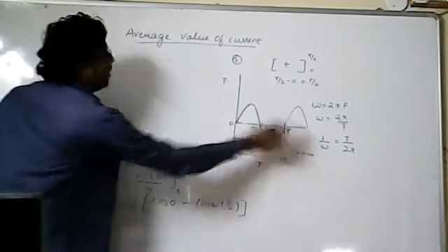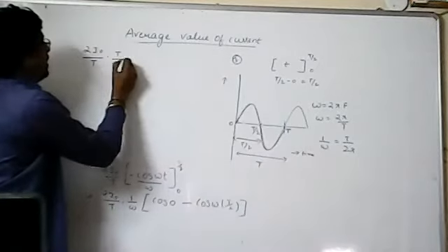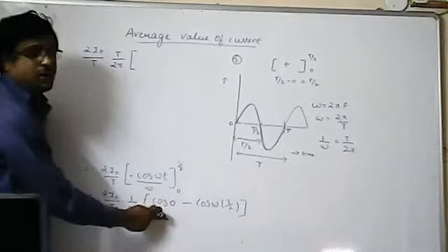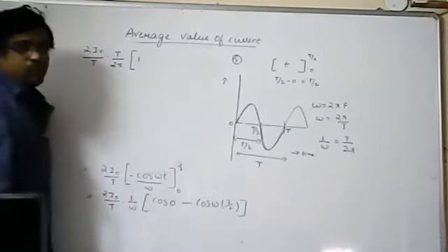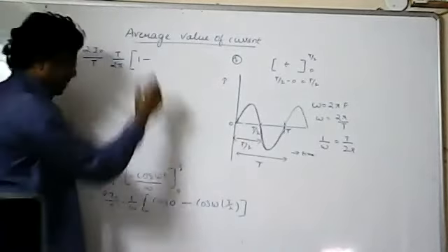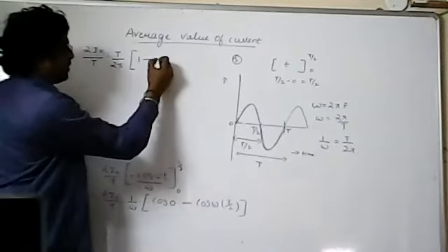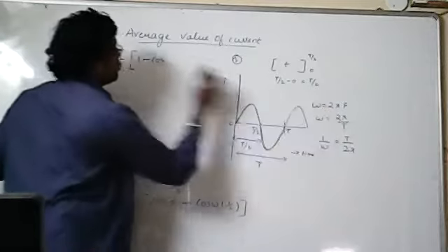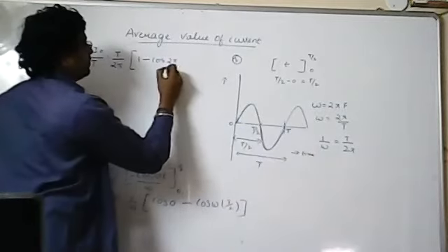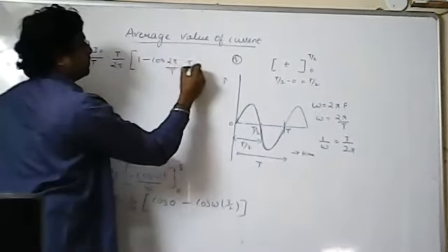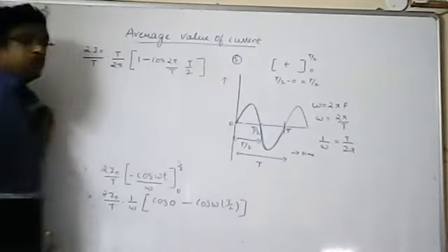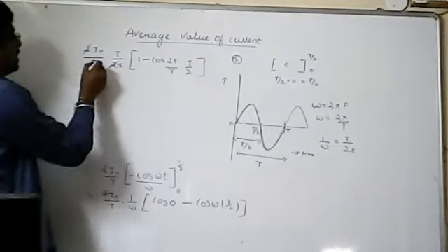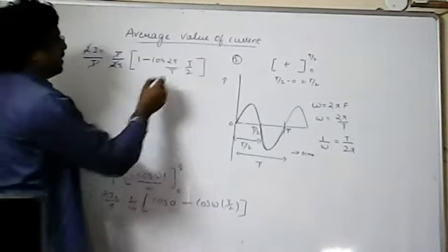What is 1 by omega? T by 2 pi into cos 0. Cos 0 is what? 1 minus cos omega T. What is omega? Omega is equal to 2 pi by T. Now 2 and 2 will cancel, T and T will cancel.